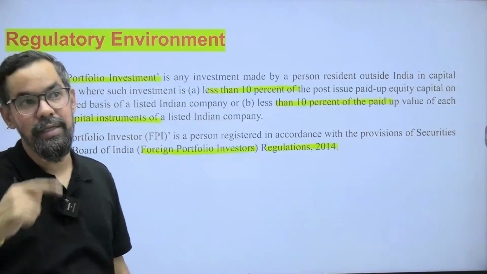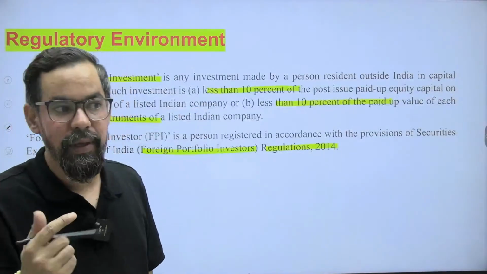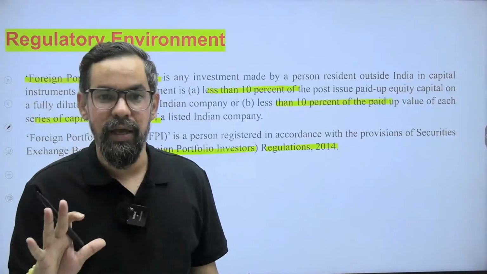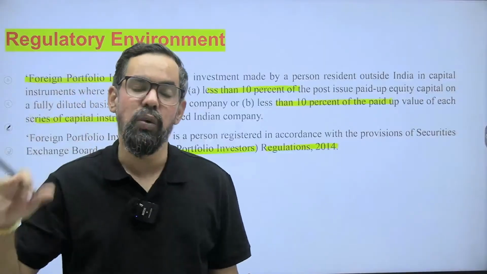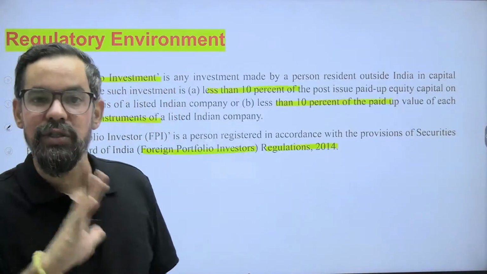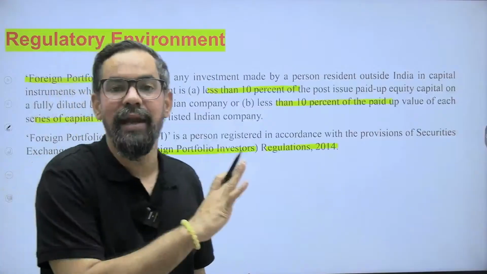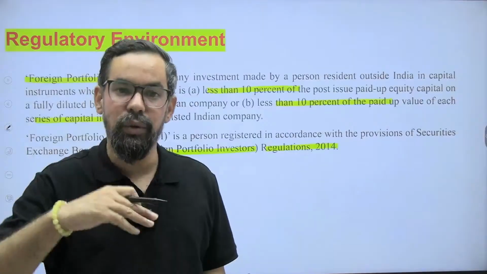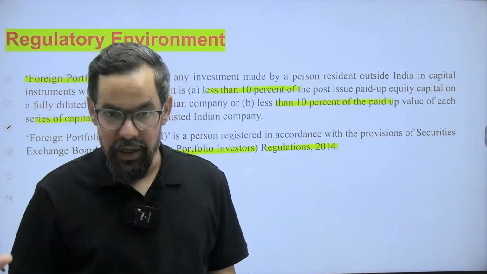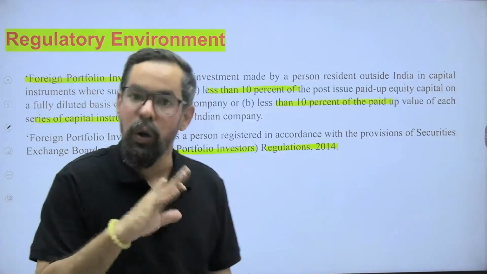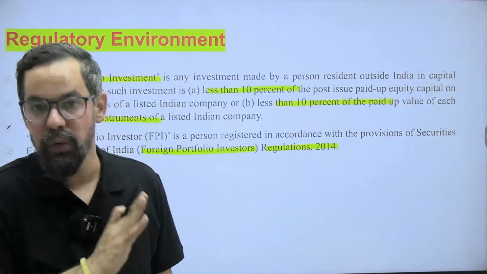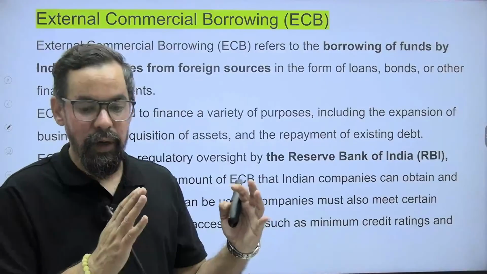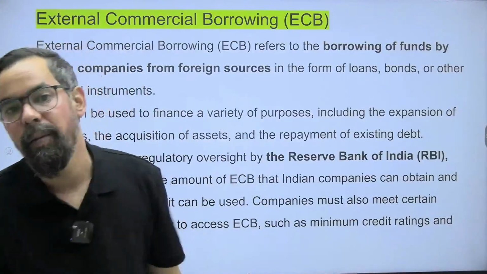One situation gets asked many times: let's say there was a private company, not listed. A foreigner has a 7% stake in that company, and later the company gets listed. Does that foreign investor need to increase their holding? It is not necessary. Once in FDI, always in FDI. Even with a 7% stake, it will still be considered FDI in that situation.